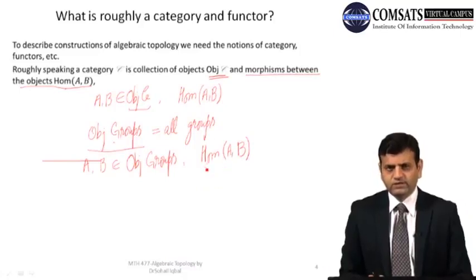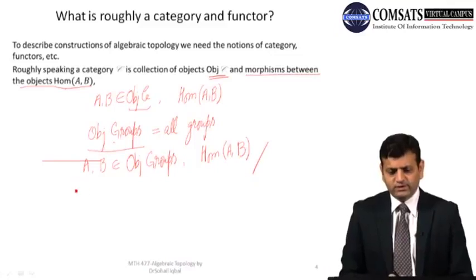We have also seen in lecture number 1 that the collection of all homomorphisms from set A to B, or in particular group A to B, is denoted by hom AB. But this notation is not restricted to groups only. For example, if we are considering the category of all topological spaces denoted by Top, the objects are topological spaces.